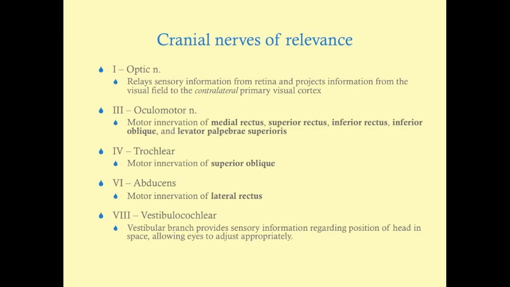And then the vestibulocochlear nerve also plays a role in eye movement, as it provides sensory information from the semicircular canals and allows the eyes to adjust appropriately.